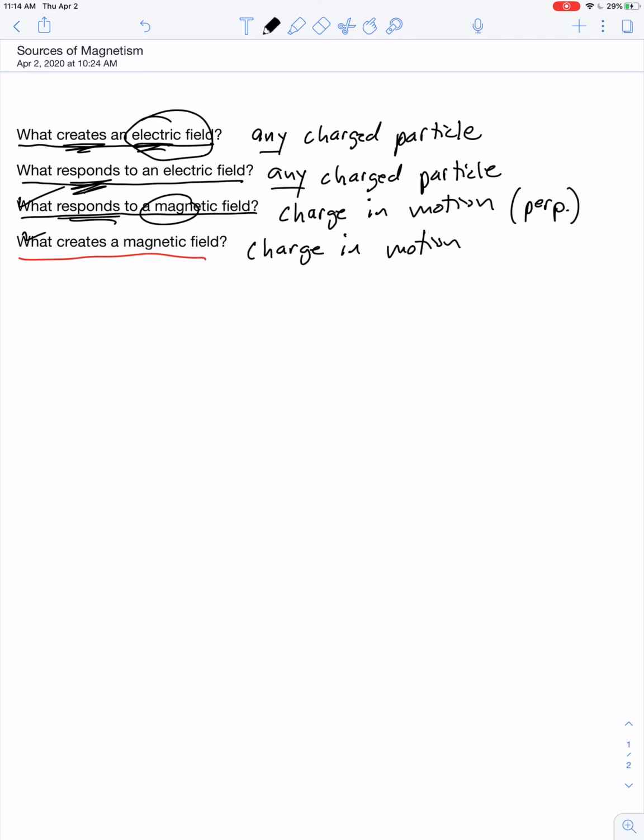So there are a couple of laws that we'll use, or formulas or equations, or however you want to state it. There are just a couple of ways we can state mathematically the way in which charged particles create magnetic fields. One of them goes something like this. The little bit of magnetism you get from having just a tiny bit of charge in motion.